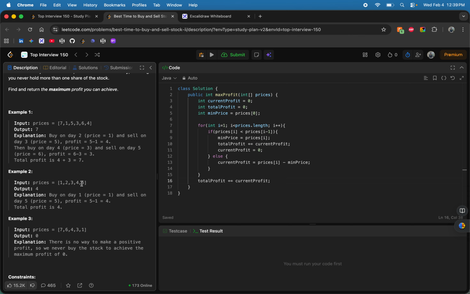So in that case also we have to update the total profit, that till now the maximum profit is 5 minus 1, and then simply we will return the total profit value.